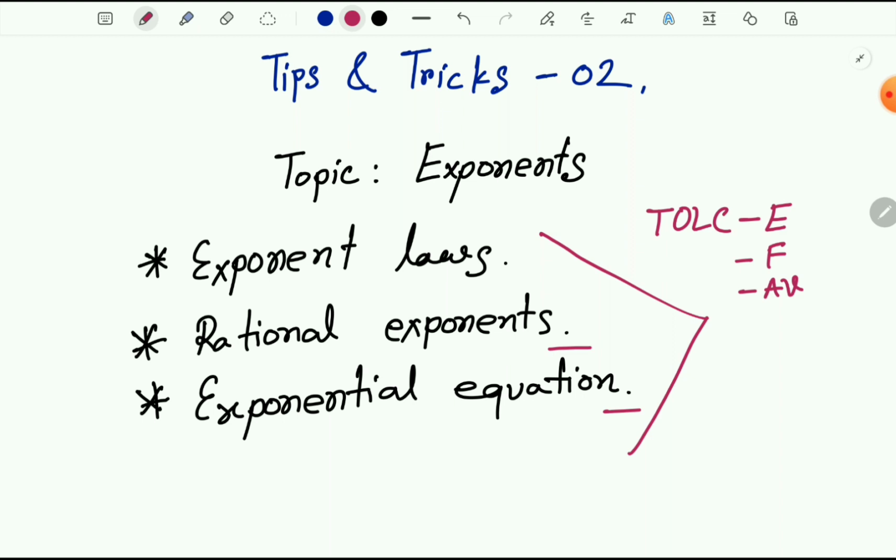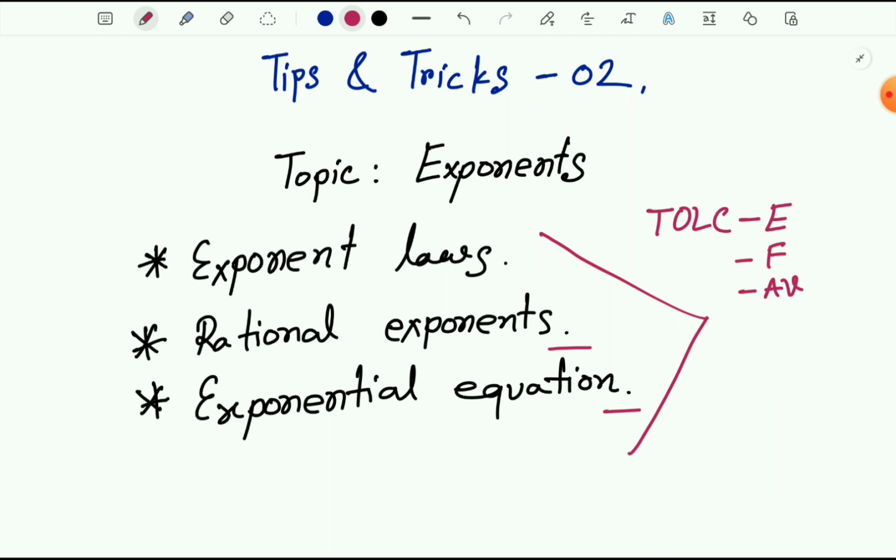But if you are aiming for TOLC-I, you can still watch these videos and get some ideas, because in TOLC-I there are sometimes problems that come from exponents, and as you know, you're not allowed to use a calculator, so you should learn how to solve complex exponent problems.